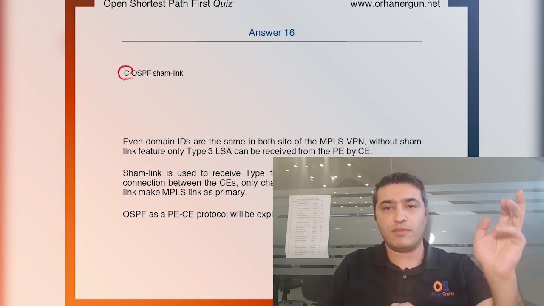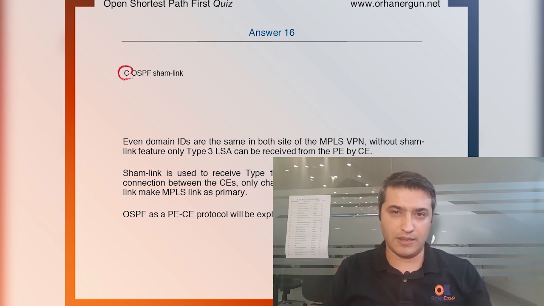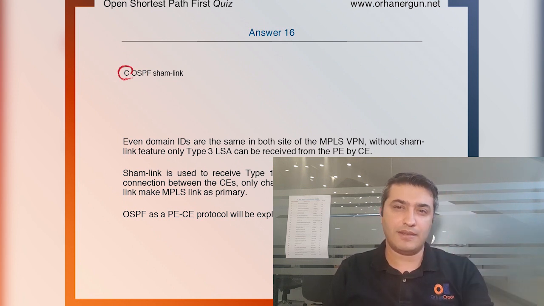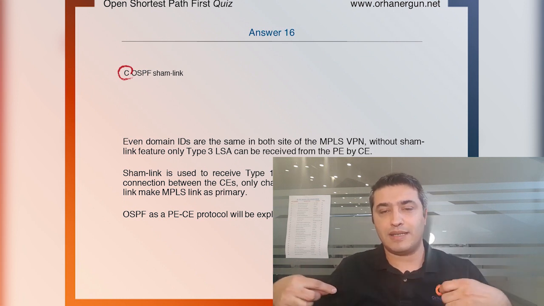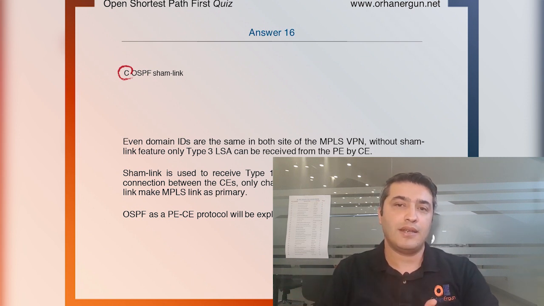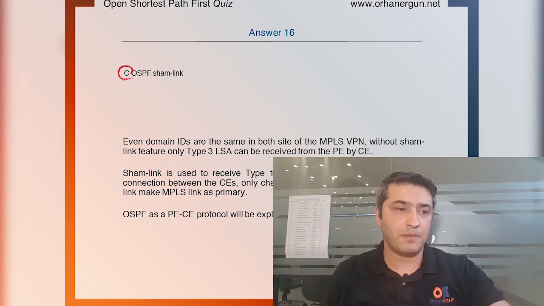With metric manipulation, CE1 can choose the MPLS VPN network as the primary path. So an OSPF sham link is a must if you want to ensure that. Otherwise, you need to play with the backdoor link, non-backbone area, and so on. Other than that, if you want to ensure it, a sham link is a must.